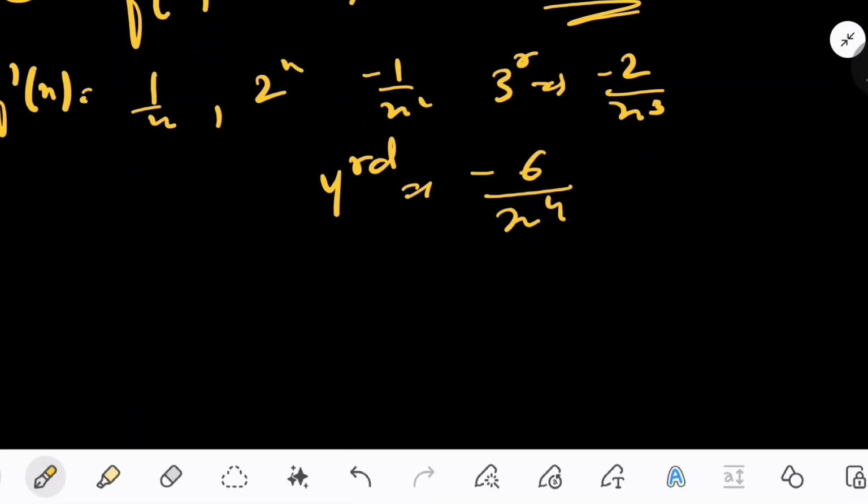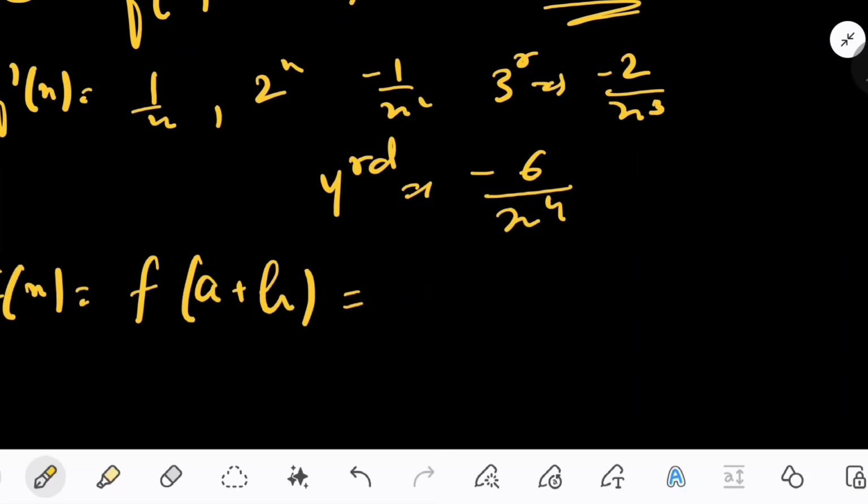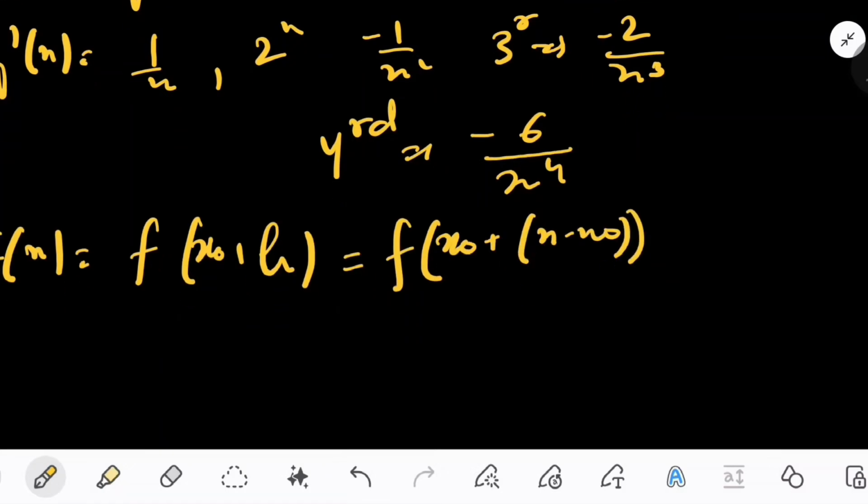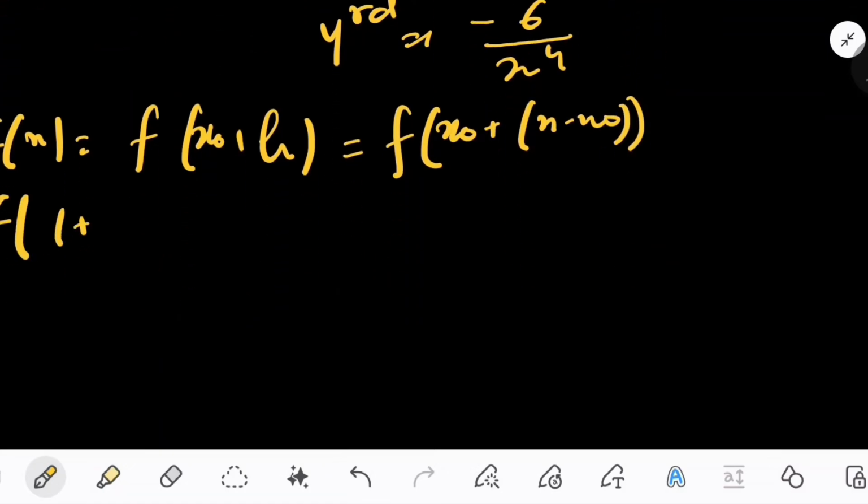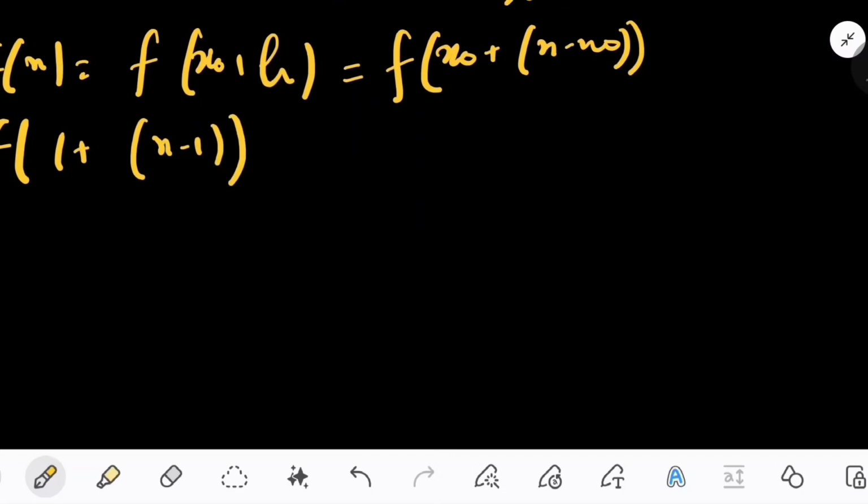And now you get f at x can be written as f at a plus h, right? Or simply x naught plus x minus x naught, right? Like this. So you get f at 1 plus (x minus 1), right?